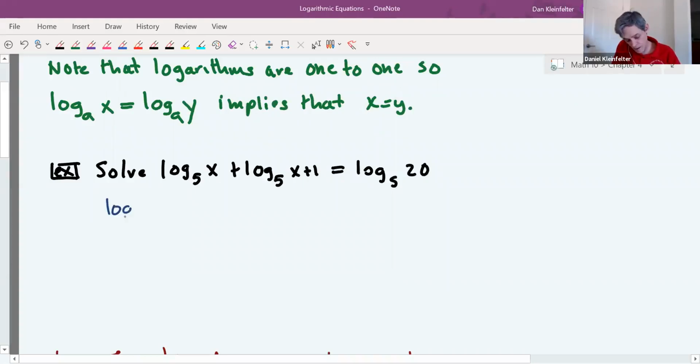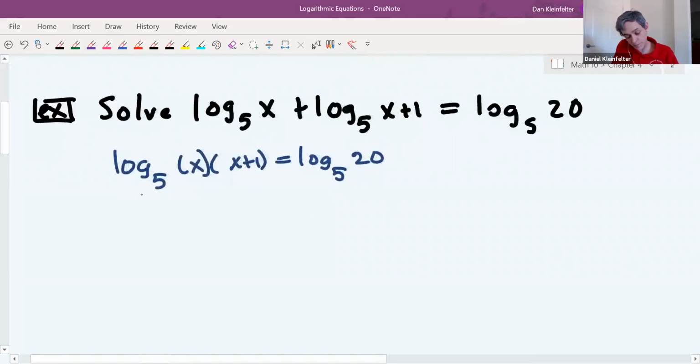So that will be log base 5 of x times x plus 1 equals log base 5 of 20. Now you have log this equals log that, so you can use the one-to-oneness of the logarithm to say x times x plus 1 equals 20.